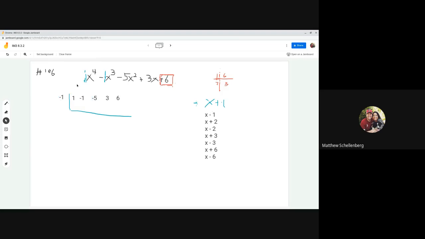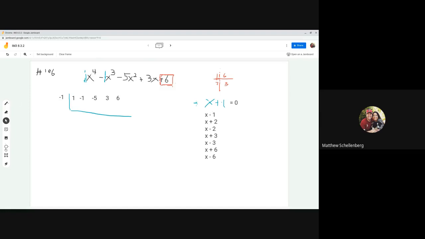And that's something that a lot of students mess up, especially in the beginning. Because we're basically saying that x plus 1 equals 0, and so that means that x would have to be -1. So we're going to assume that x would be -1, and we're basically going to divide by that to see what we get.